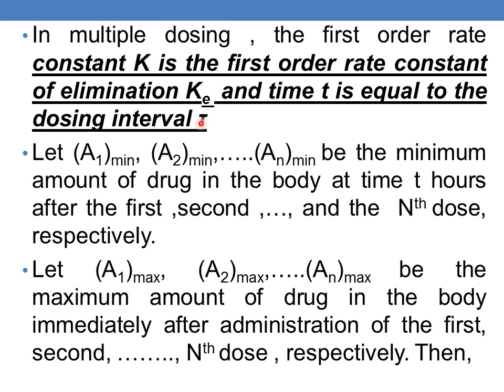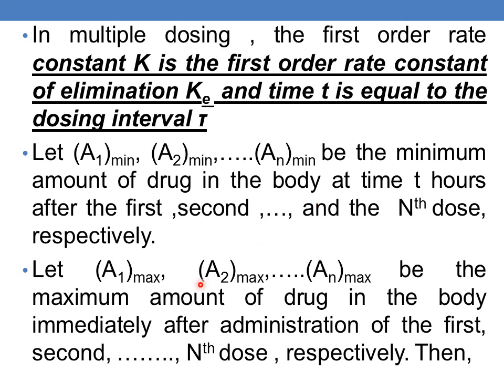And as we have discussed in the previous sessions, let A1 min, A2 min and An min be the minimum amount of the drug in the body at time t hours after the first, second and so on to the nth dose.